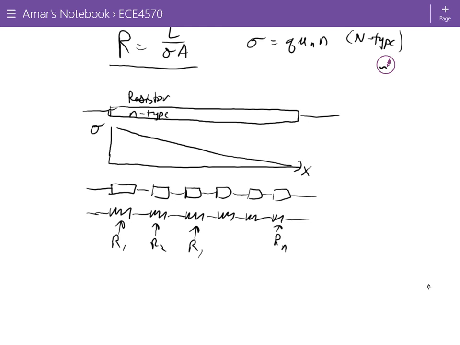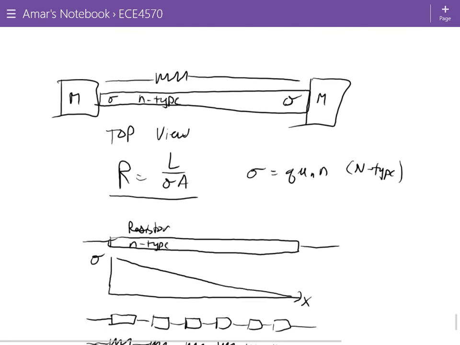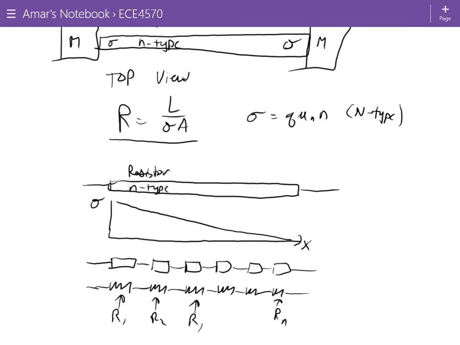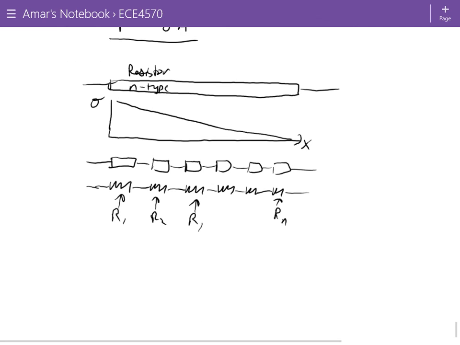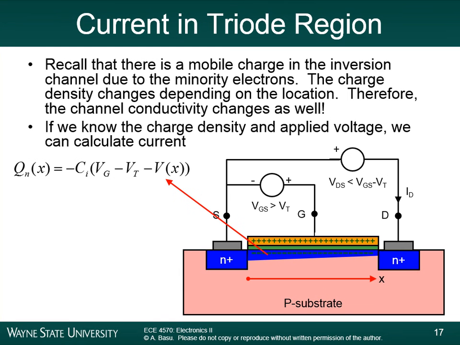As we talked about with the MOSFET, the conductivity is less on the right side than on the left side. So Rn is obviously going to be greater than Rn minus 1. As we go from left to right, the resistances are going to be increasing.